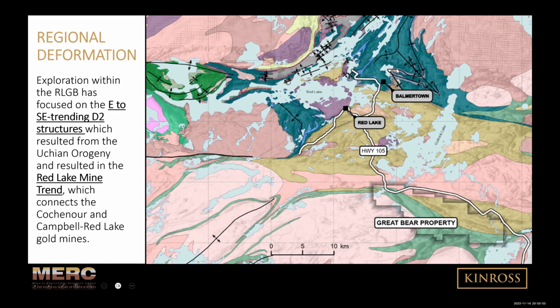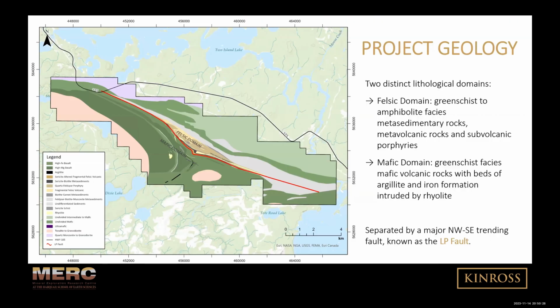They result in this Red Lake mine trend, which connects the major producing mines, the Coutts and Campbell Red Lake gold mines. So that's up in this area. If Balmertown's here, Coutts is just up here. And so these are southeast trending structures. As we'll see on the Great Bear property, we have the LP fault, which is a northwest to southeast trending structure as well. So yeah, getting into deep diving into the project itself.